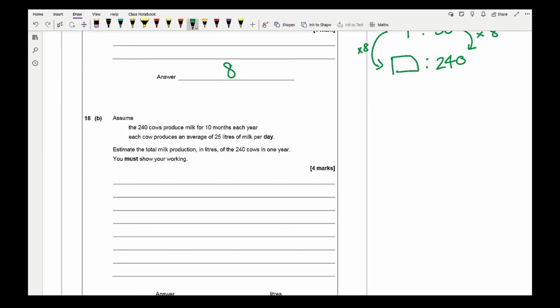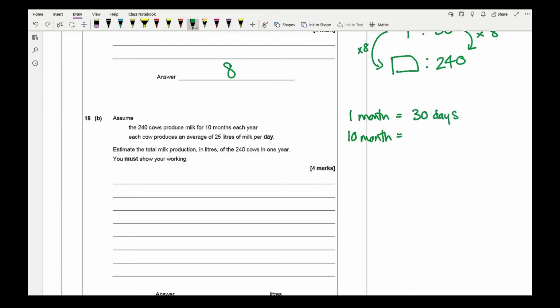So first things first, we need to work out how many days there are in 1 month. Now, there's a tough one in terms of this one. I would usually assume that 1 month has on average about 30 days, give or take.